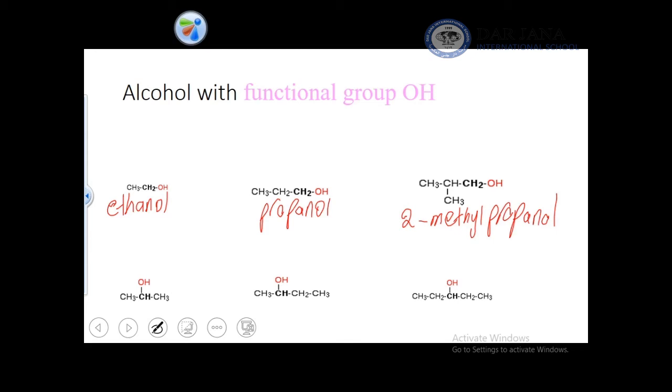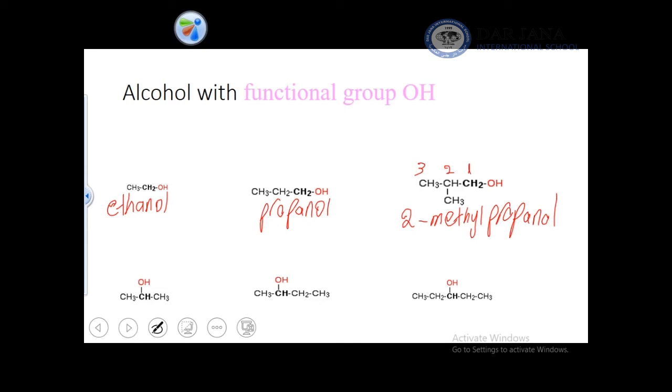The rules for naming alcohols are: first, find the longest chain containing the hydroxy group OH. Second, give the carbon holding the OH the lowest possible number. So in the third example, I gave this carbon number 1. This is 2 and this is 3. The methyl group is on carbon number 2, so I put 2-methyl.